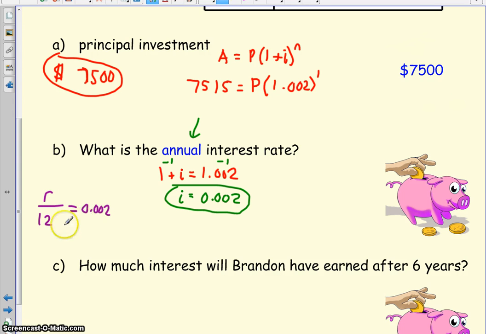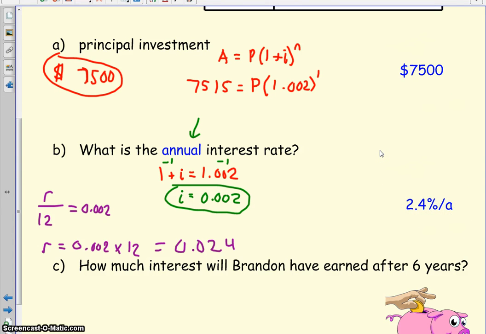So it means that 0.002, if we multiply it by 12, we should get our annual interest rate. So 0.002 times 12 is equal to 0.024, which if you multiply by 100 gives you a percentage of 2.4% per year.